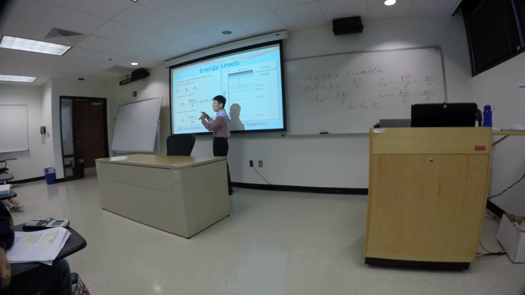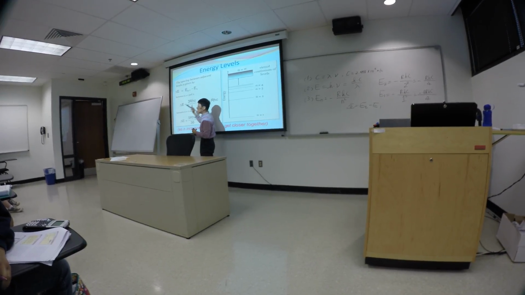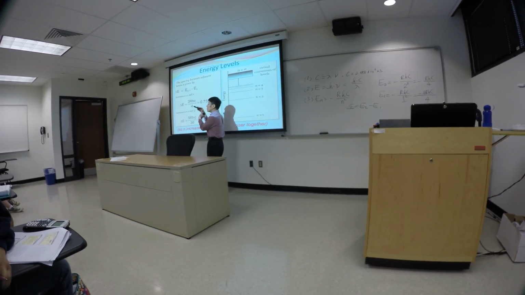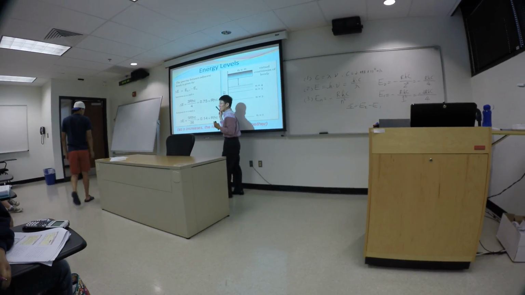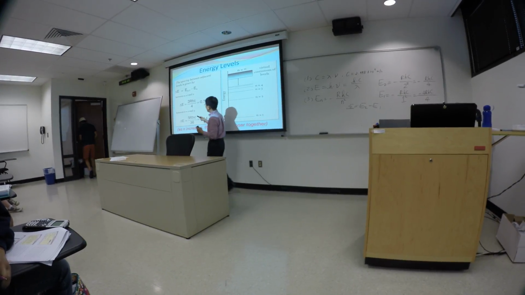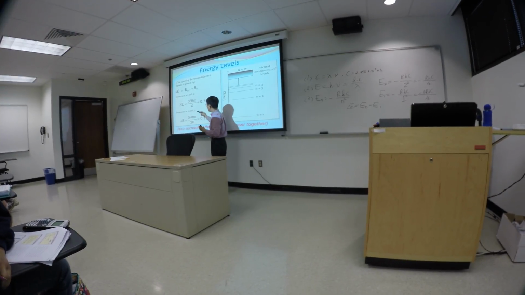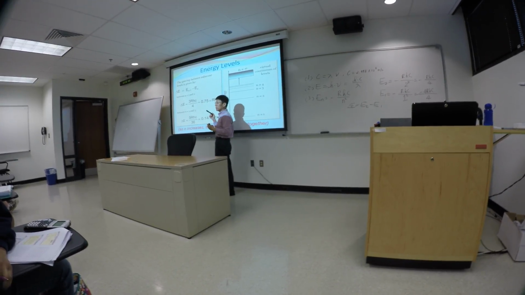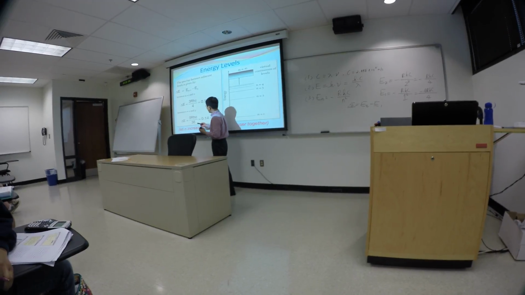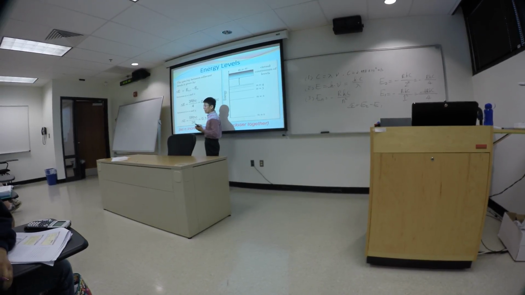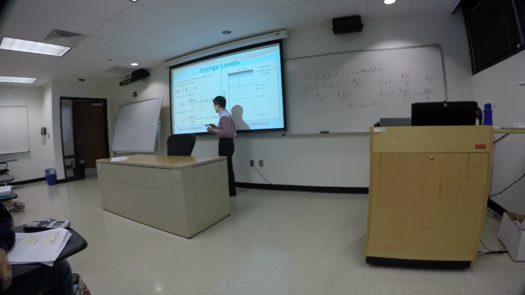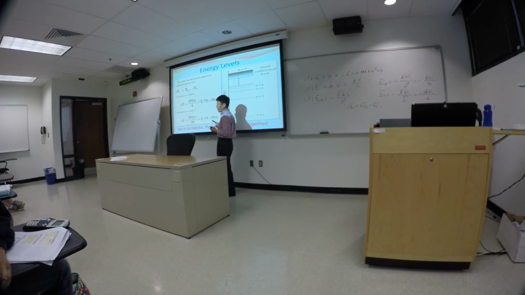So between the first two levels, between n equals 1 and 2, the energy difference equals 0.75 RHC. Between level 2 and level 3, 2 to the second power is 4, 3 to the second power is 9. And for 4 and 9, the lowest common denominator is 36. And so 5 over 36, that's 0.14 RHC.